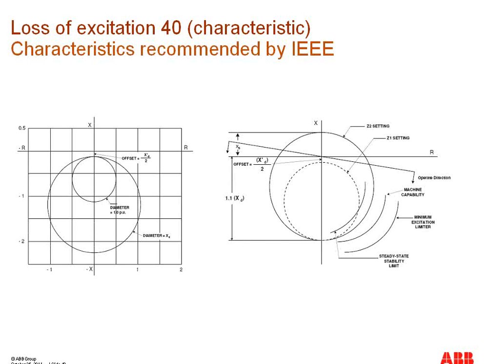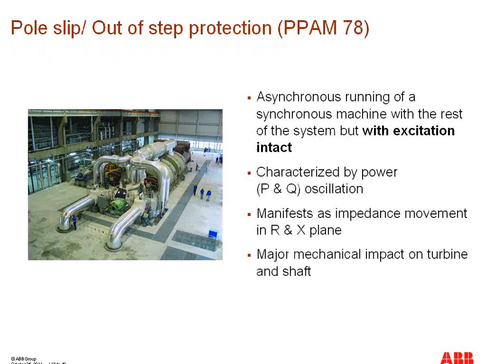At the end of this slideshow, we will refer to different IEEE PSRC working group guides as well as standards, where you can find the details of these characteristics as well as a lot of other information.